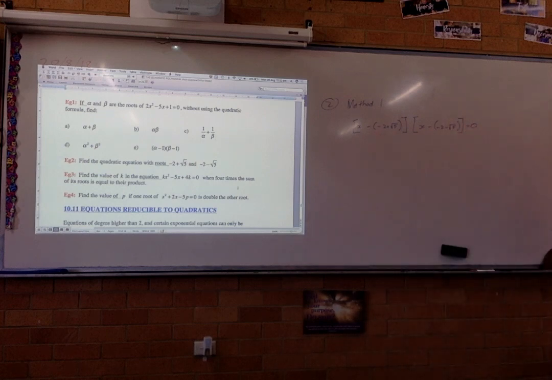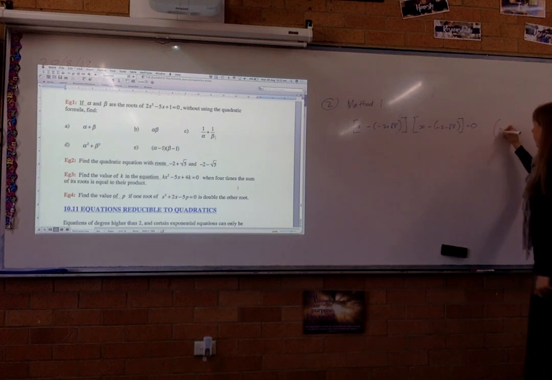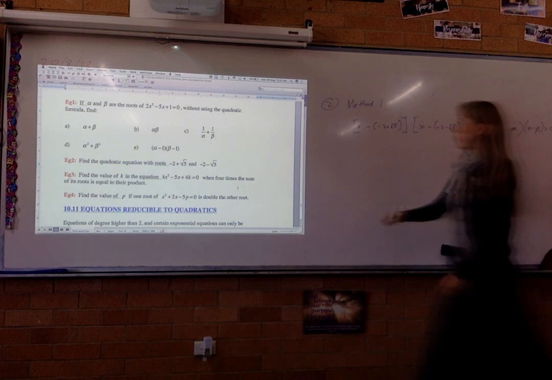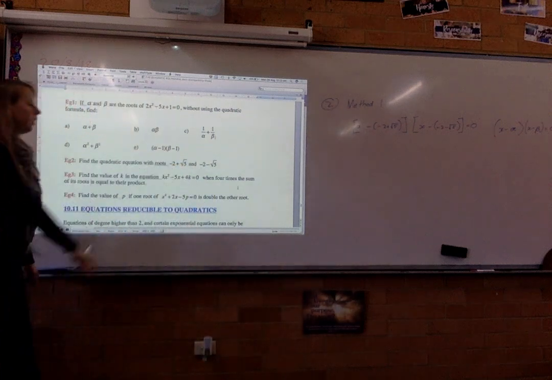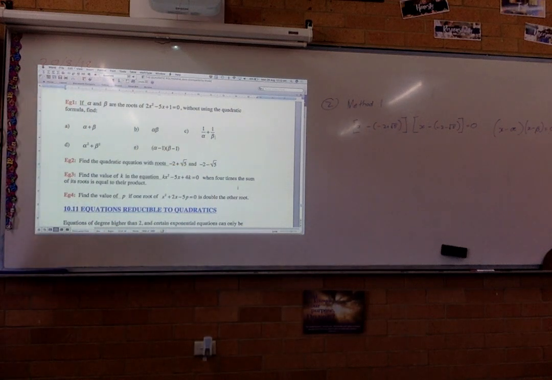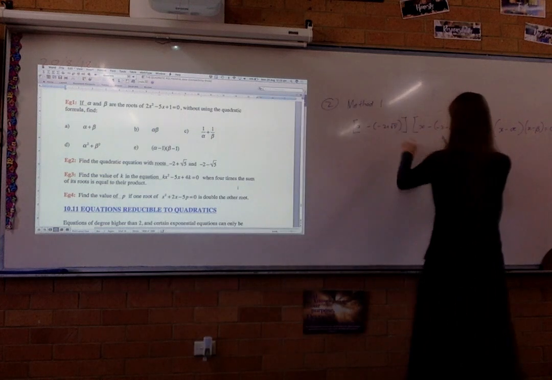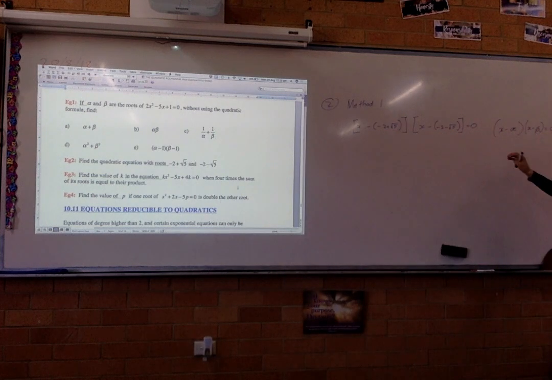So all I've done is I know that the roots, I've done this: x minus alpha, x minus beta equals 0. So I know that one of the roots is negative 2 plus root 5, and I know the other one is negative 2 minus root 5. So I've simply done that. I've just subbed those two roots into this.